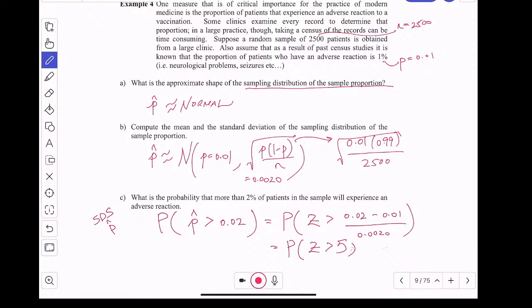Okay, it's because the sample, I can't speak, sorry. Because the standard deviation is so small, we're dividing by a very small number, which makes these small numbers really big.